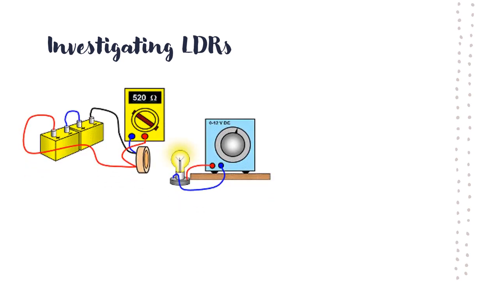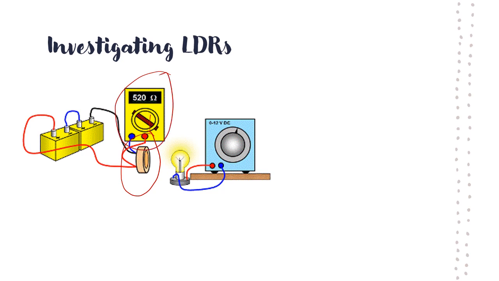Okay. And just like we saw how the resistance varies with temperature for thermistors, we can have a very simple experiment to see how the resistance varies with light intensity for an LDR. So what you can see here is this is the LDR, which is connected to an ohm meter here, and then you have a bulb here.